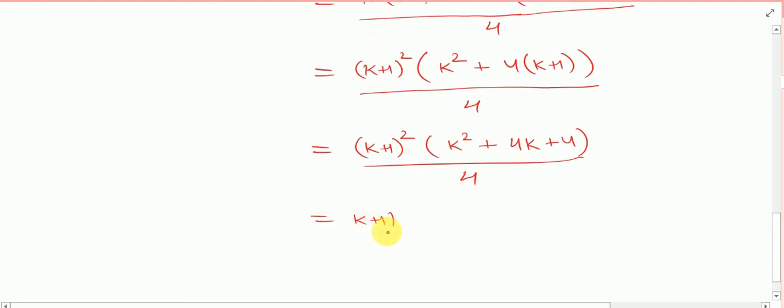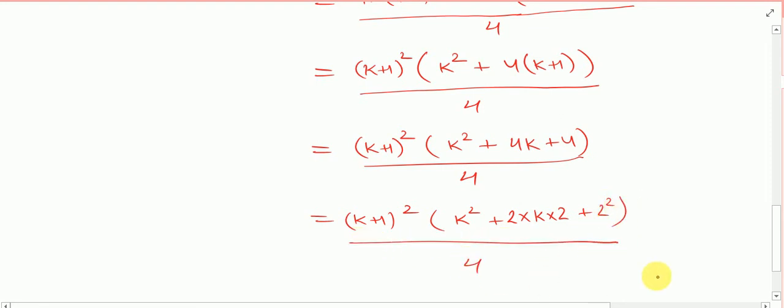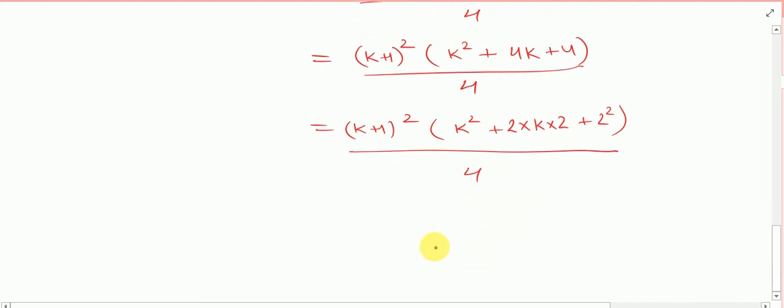Then (k plus 1) whole square, k square, this 4k can be written as 2 times k into 2, and this 4 can be written as 2 square. Then (k plus 1) whole square, and this can be written as (k plus 2) whole square.